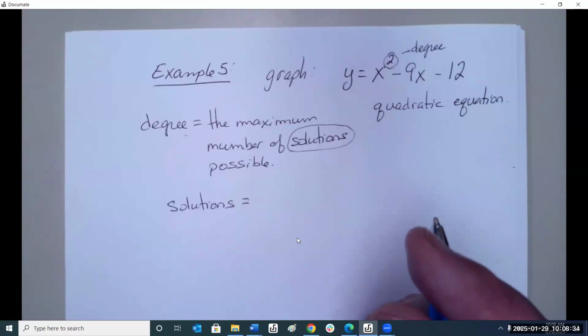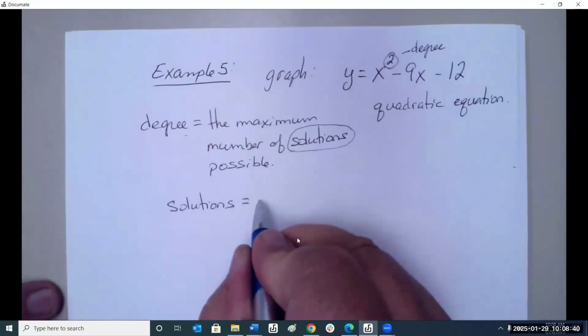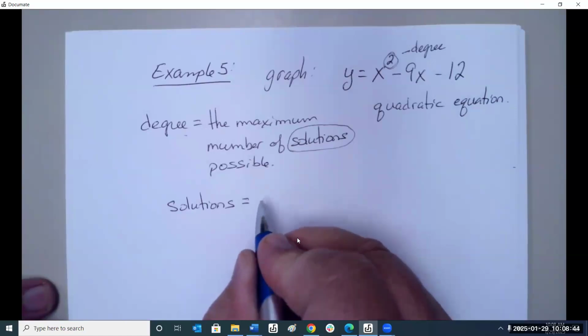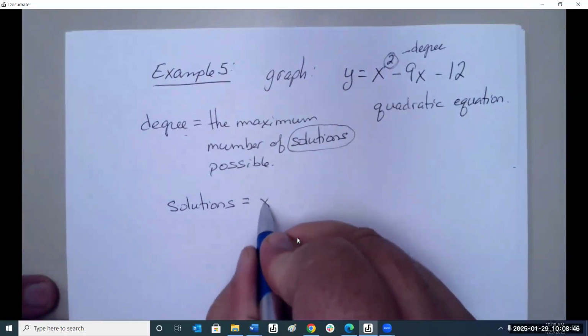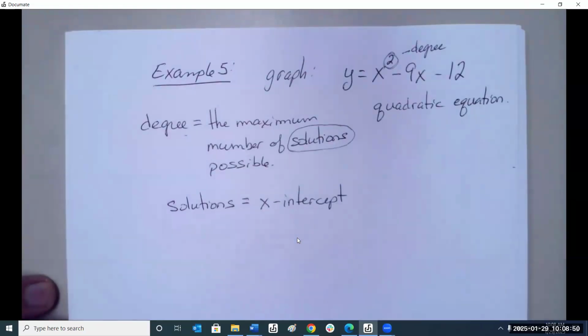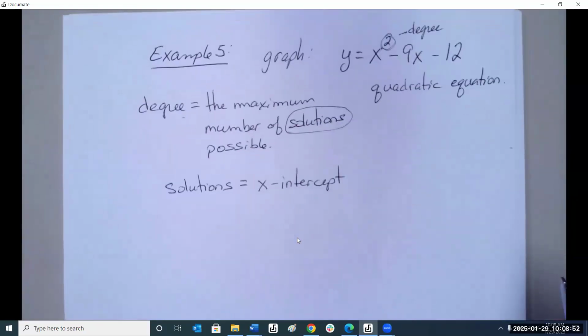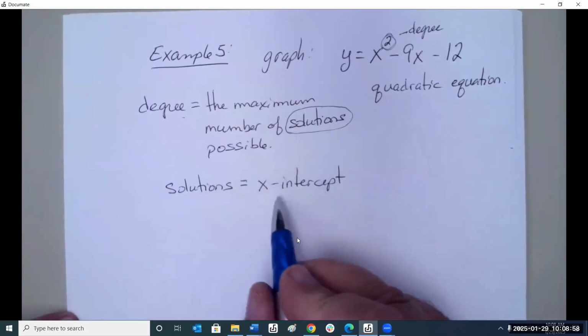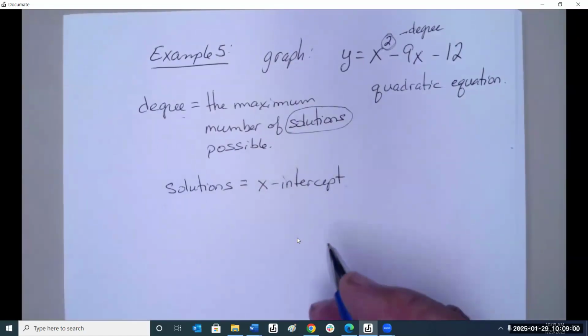Which intercept? You're right, but which intercept? 50-50 shot. It's the x-intercept. Whenever we talk about solutions, we're looking for the x-intercepts. So the word solutions and x-intercepts are the same thing.